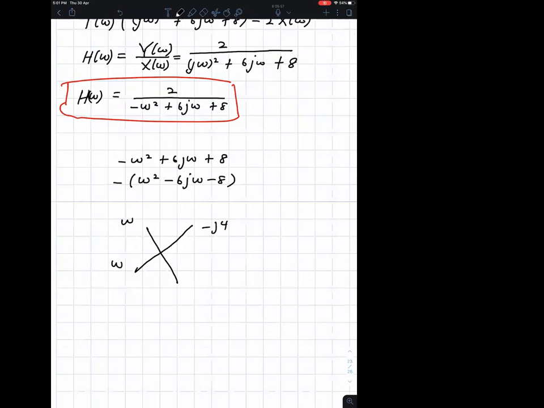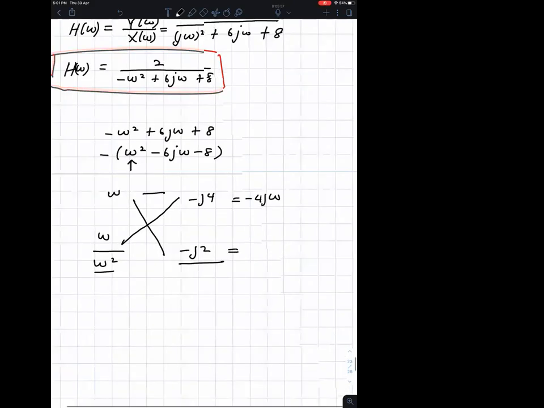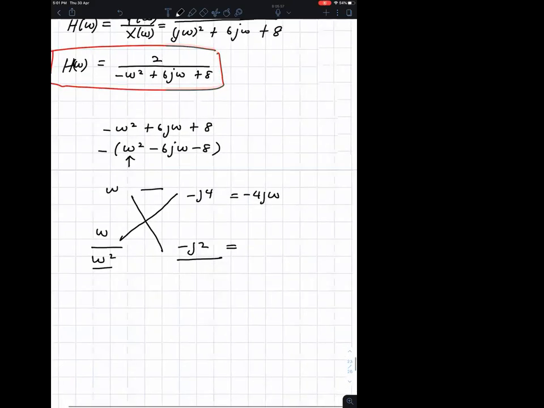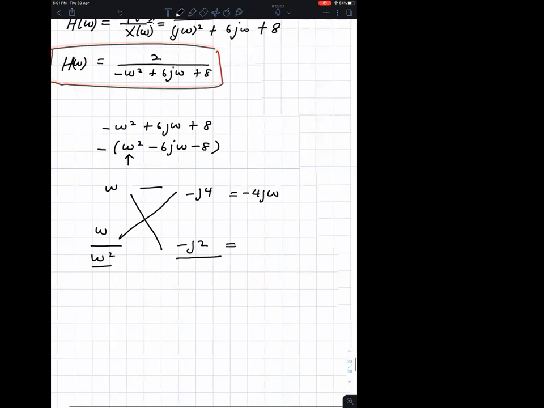Minus j4, j2. Omega times omega gives you omega squared. Check. Now you multiply things this way. This is going to give you minus 4j omega. You multiply from left to right. You get minus 2j omega.